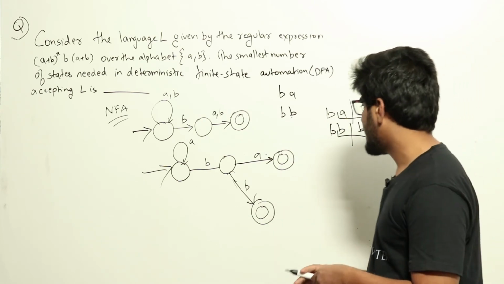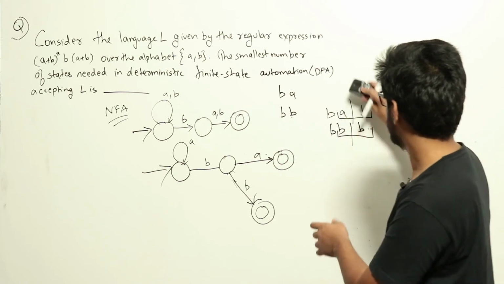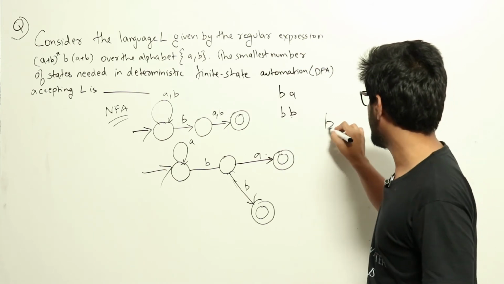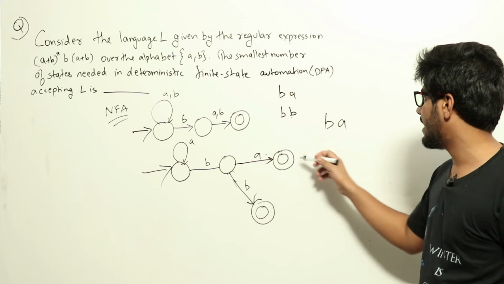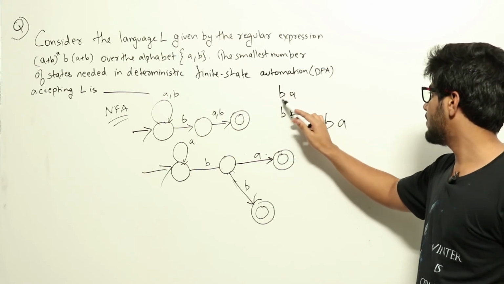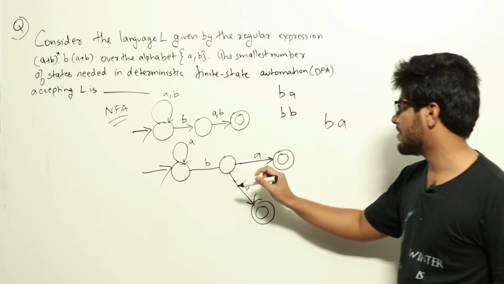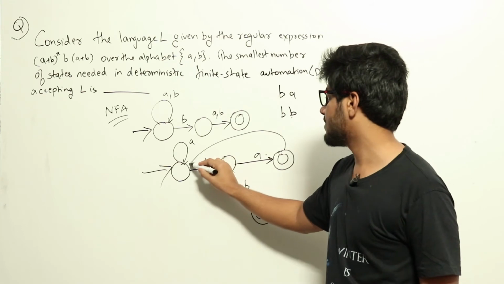Now we can try to draw the transitions here. For this state we have arrived using BA. Now on seeing A, the ending part will be AA. Using AA we can't take it to this state. For this state we have to have seen a B previously. So on A I need to go to this state only.